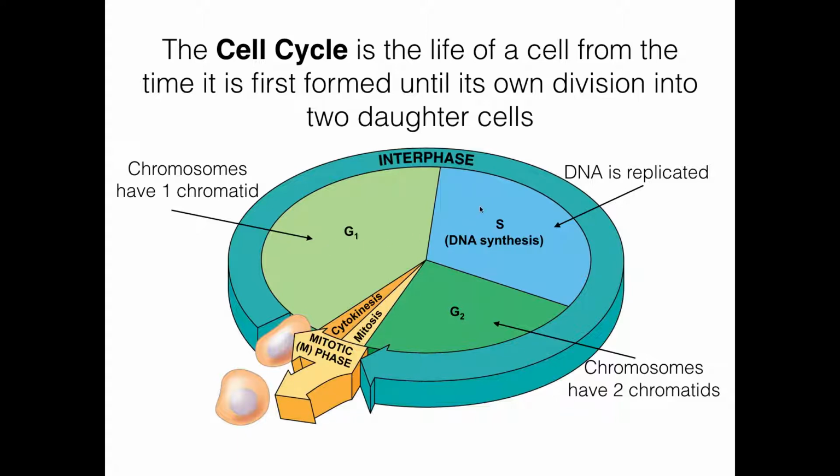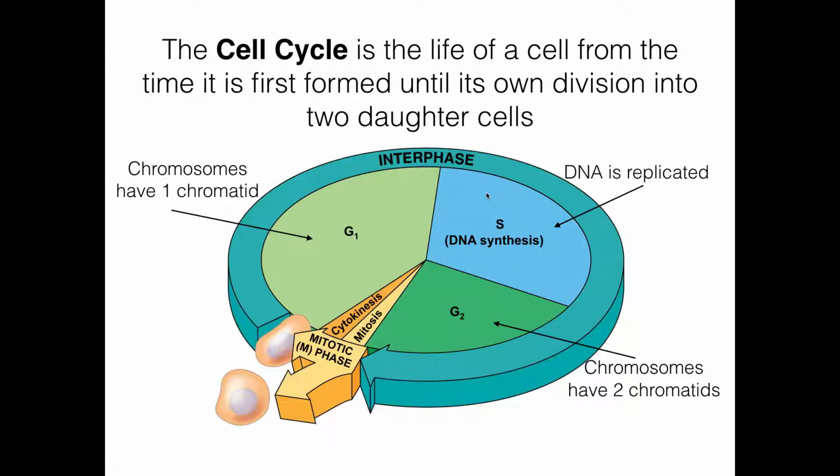In the second phase, S phase, S stands for synthesis. In this phase, the cell decides, all right, I'm going to replicate myself eventually, and if I'm going to do that, I'm going to need to make a copy of my DNA. That is the primary thing that's happening during S phase. It's taking all of the DNA, all of the chromatids that it has, and it's making a copy of each of them. So the amount of DNA that's present in the cell will double during S phase.